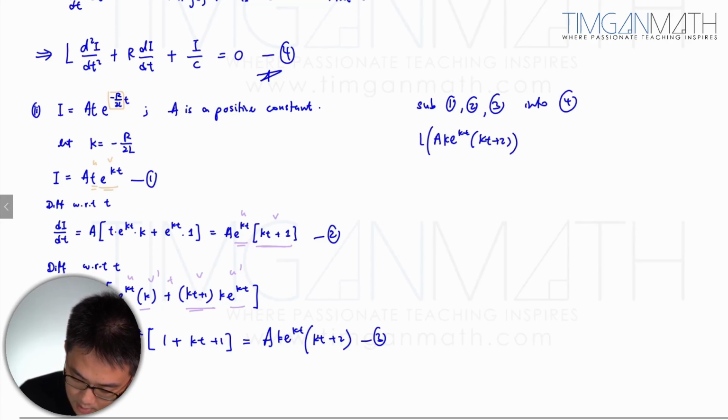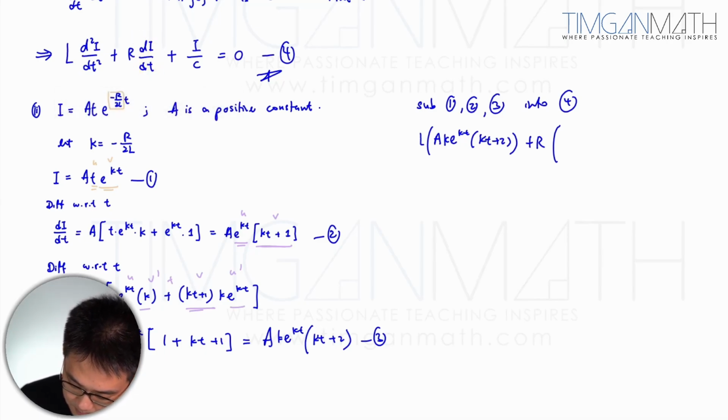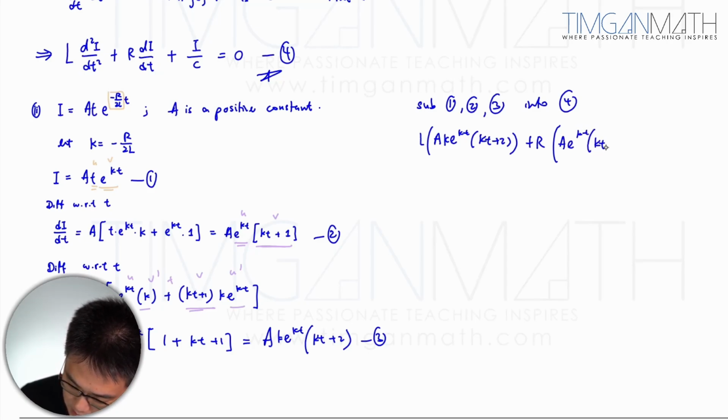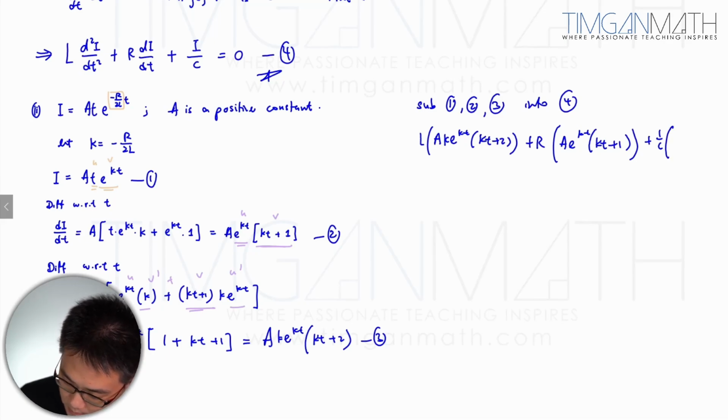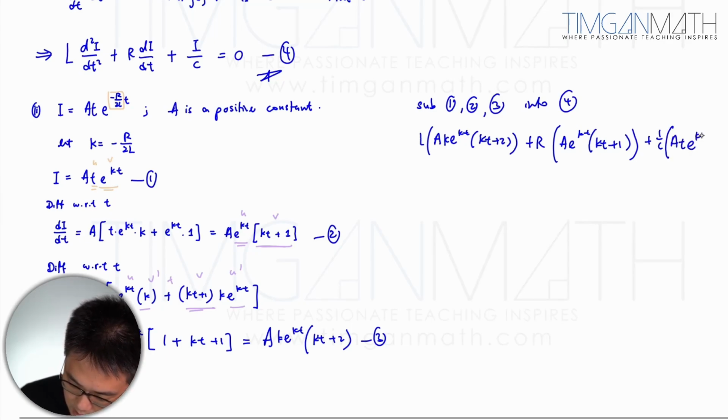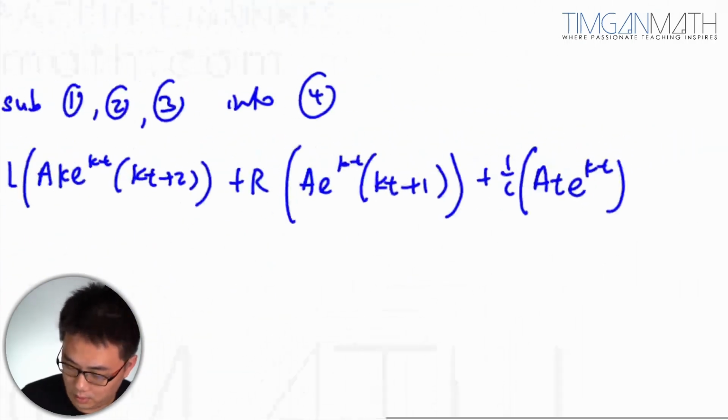Then this is 3, right? Then this is plus r. This part over here, r. So we're going to have r di/dt. di/dt is a e^kt (kt + 1). Then i plus 1 over c, a t e^kt, equals 0.